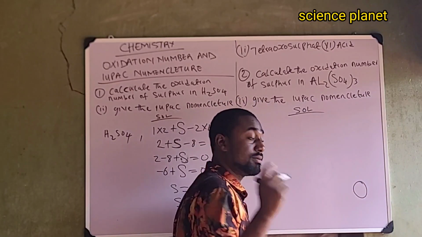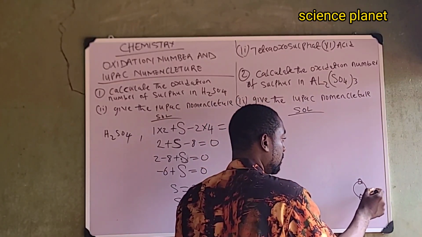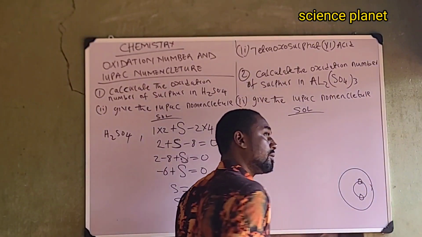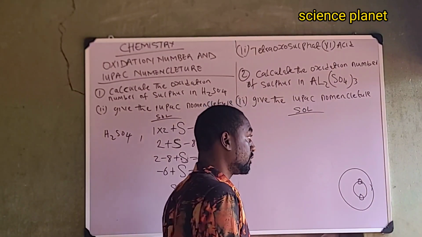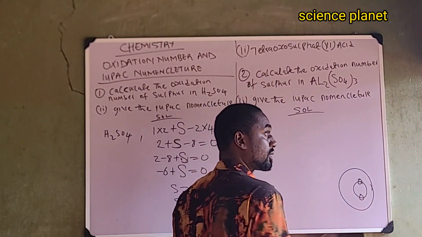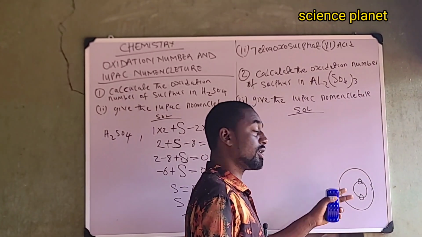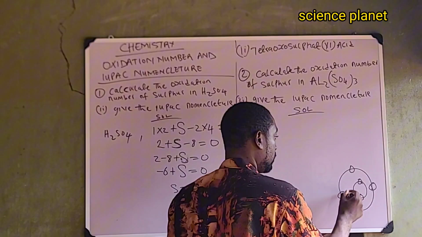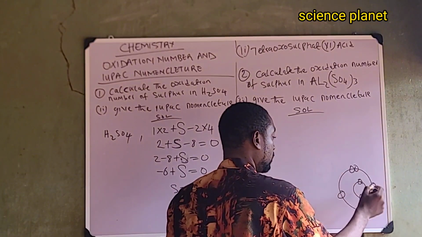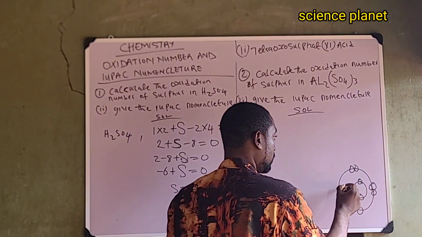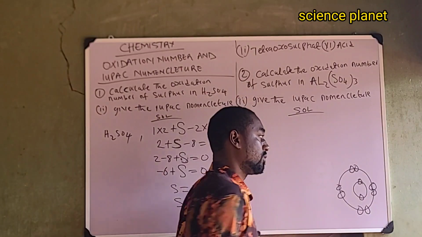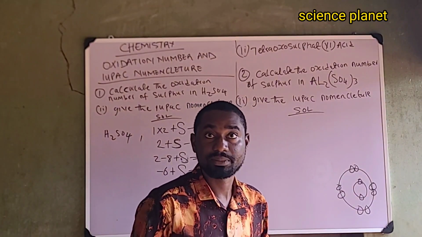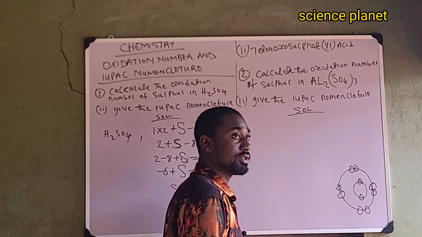So since it's 13, we put 13. Remember, the first shell can carry 2. So 1, 2. Remain what? 13 minus 2, that's 11. The second shell can carry just 8. So we have added 10. Remember 3. 13 minus 10, remain 3.